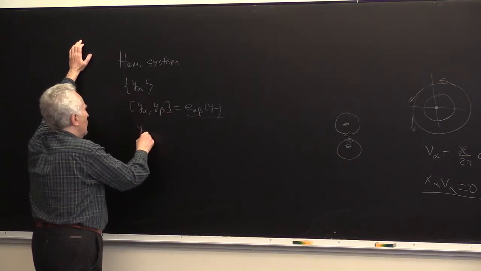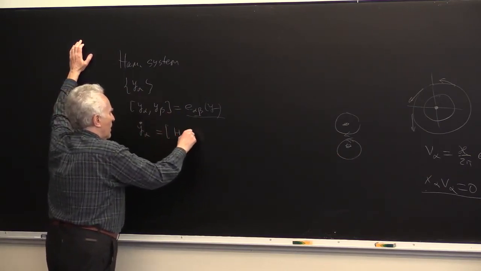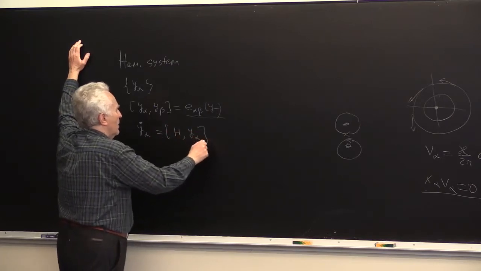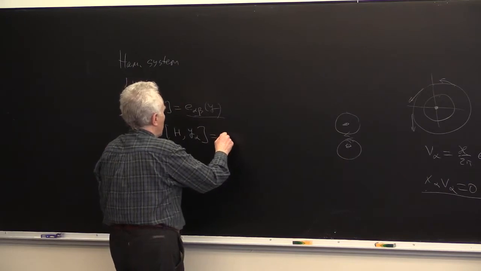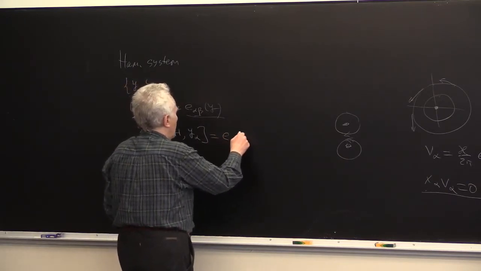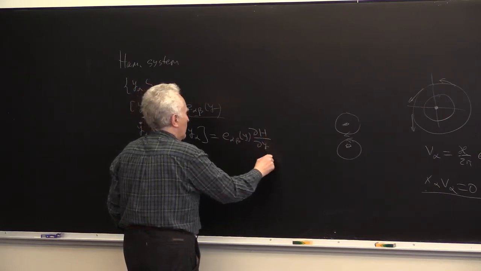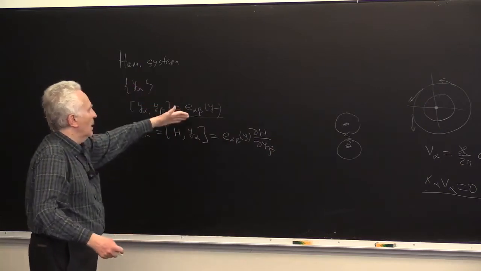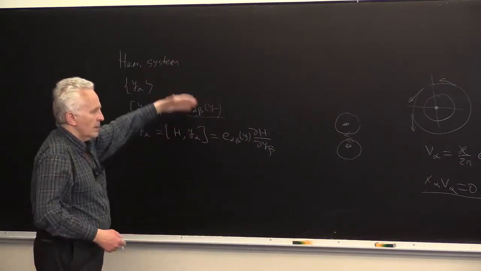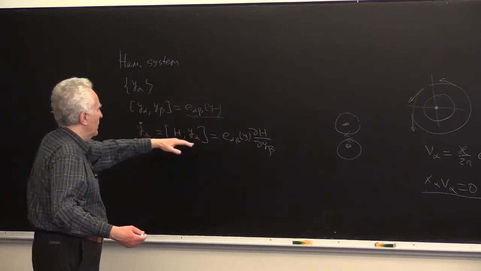And the equations of motion are just the brackets of the Hamiltonian with y, which gives us E^{αβ}(y) ∂H/∂y^β, where E here is, as I said, some antisymmetric matrix of size n by n.